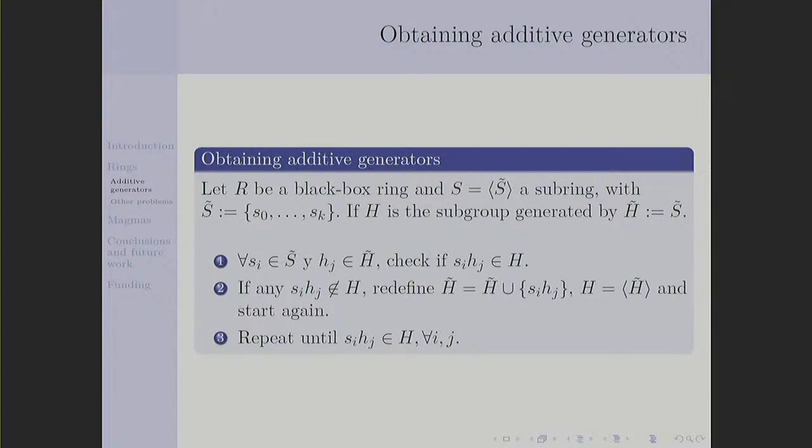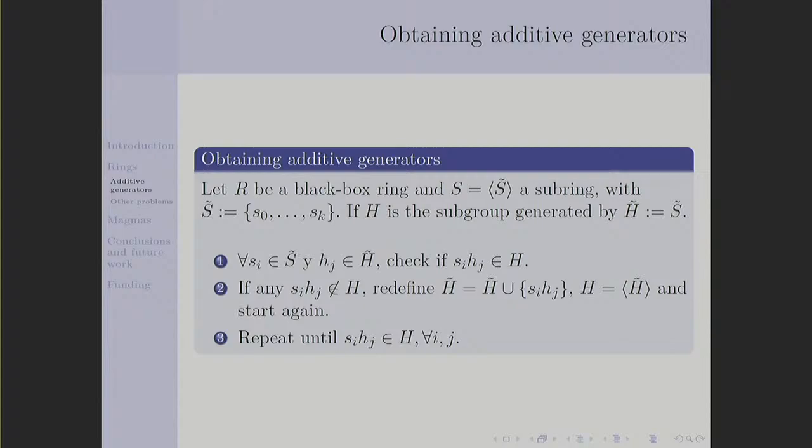If any of the products doesn't belong, we add it to the generators of H, and H grows. By Lagrange's theorem, every time it grows to at least twice its size. That ensures that we are not going to do an exponential number of operations, and finally H will reach S, and we will have additive generators for S.